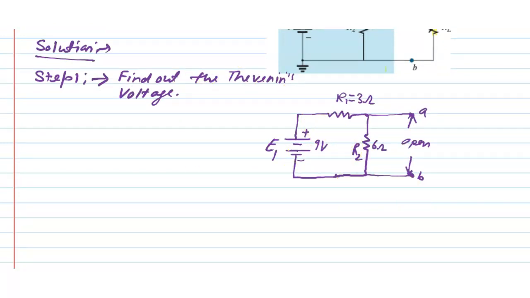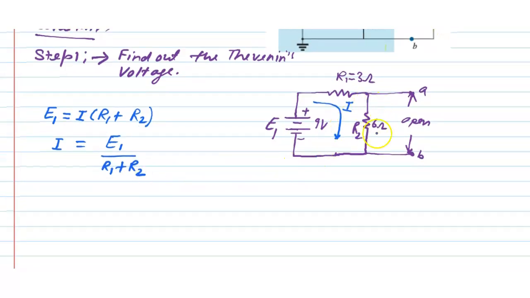Apply KVL in this closed loop. Suppose the current in this loop is I, then KVL can be written for this loop: E1 is equal to I times R1 plus R2, and the value of I from this equation will be E1 upon R1 plus R2.